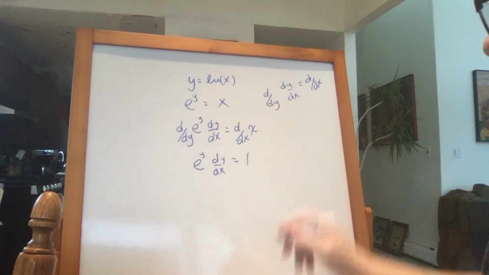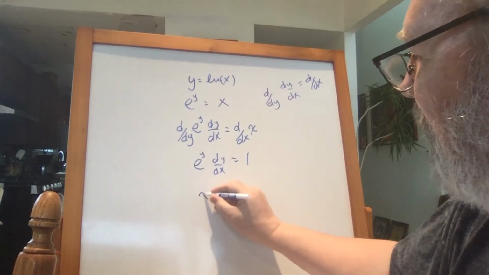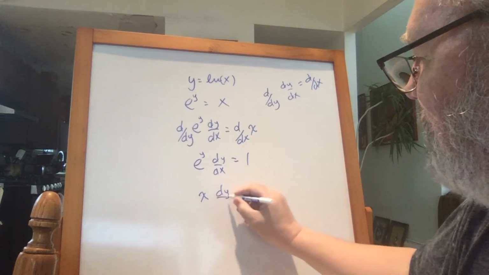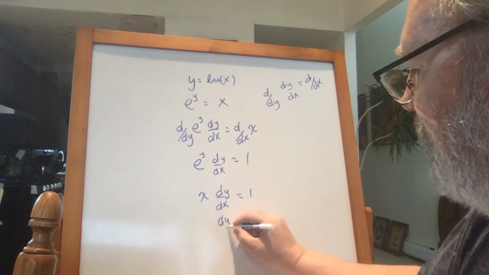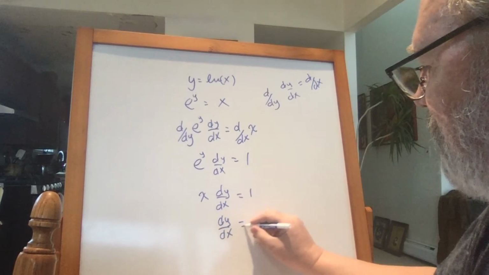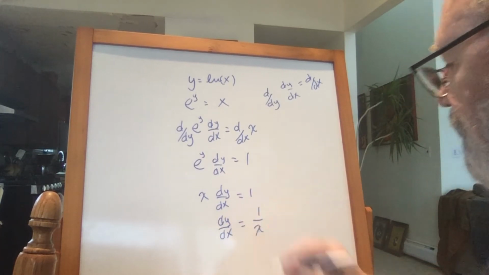But e to the y is x, so we have x dy dx equals 1, and dy dx equals 1 over x.